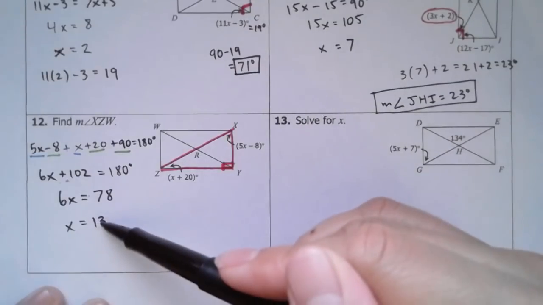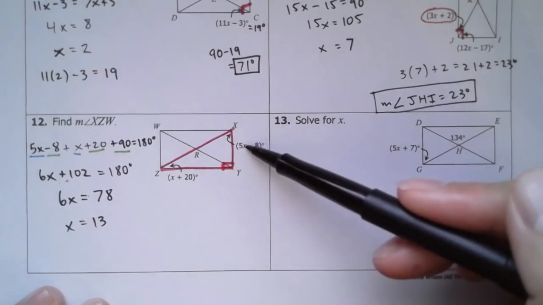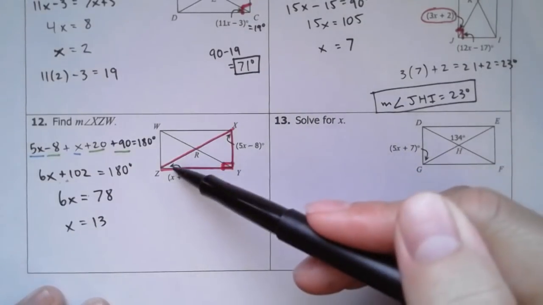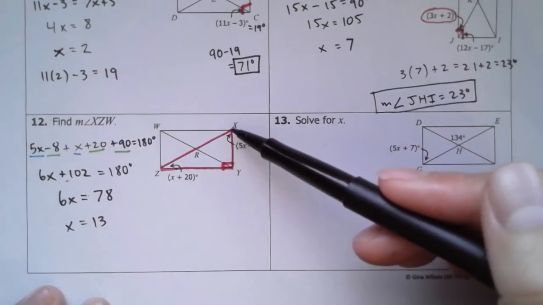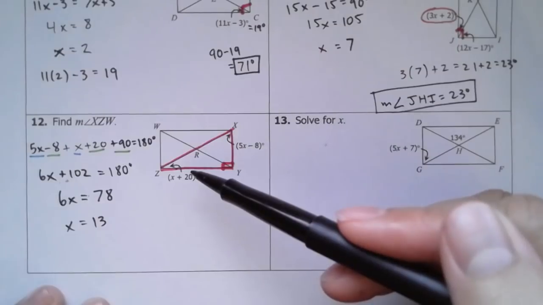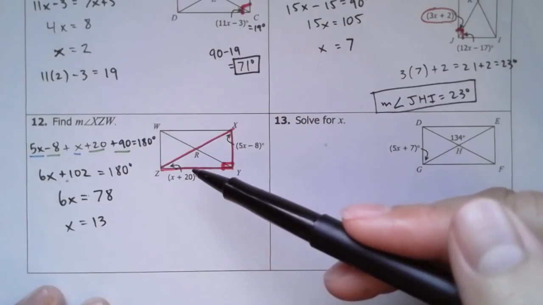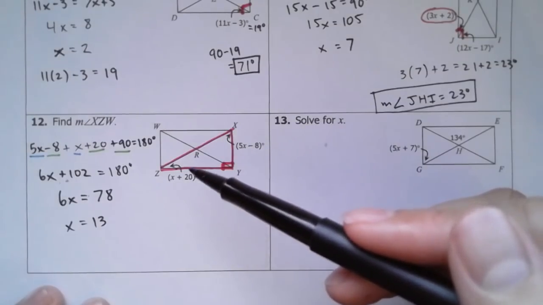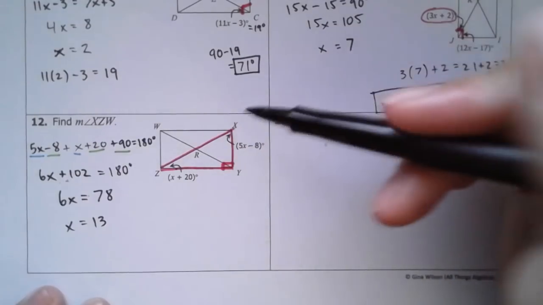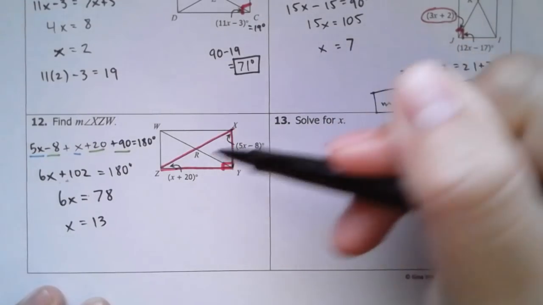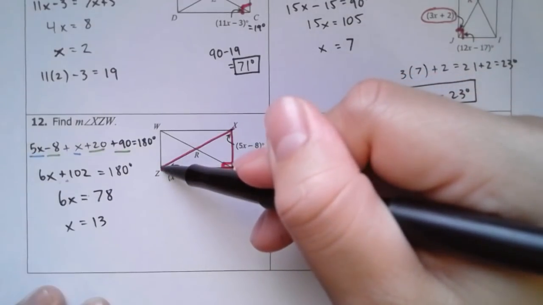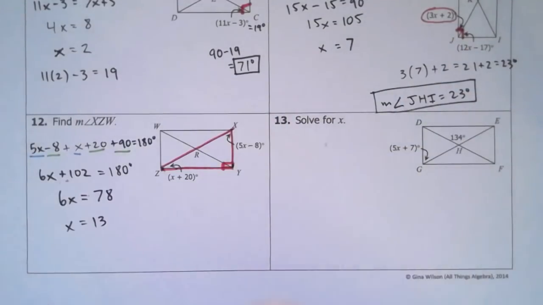If I go ahead and plug this into both of these, I can find the measure of these two. Measure of XYZ, that's the entire corner.